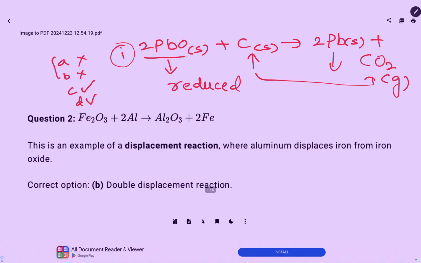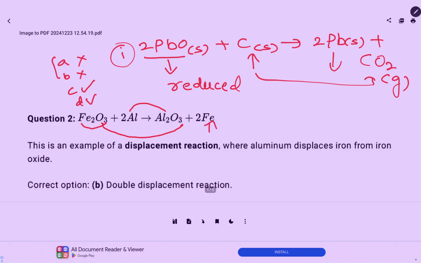Coming to the second question, here Fe2O3 plus 2Al gives rise to Al2O3 plus 2Fe. That is the reaction that is given. They are asking: the above reaction is an example of what? If you observe Fe2O3, the oxygen is getting displaced and it is getting combined with aluminium, and Fe is getting replaced.